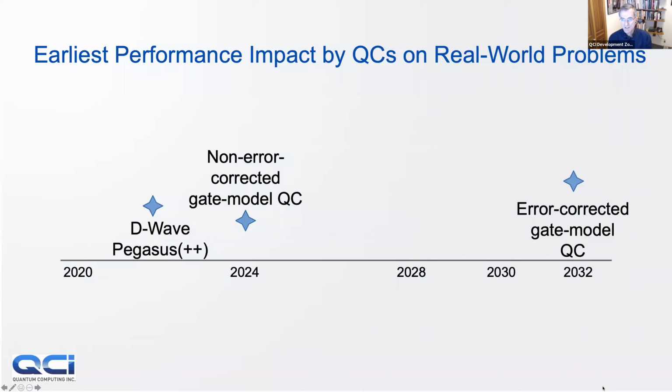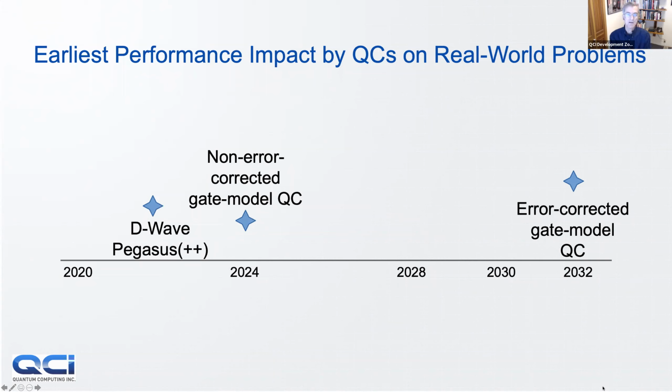The next possible point is for non-error corrected gate model quantum computers. These are the ones being built by IonQ and Rigetti and Honeywell and Google and IBM and many others. That might come about in roughly 2024, so that's 3.5, 4 years from now.